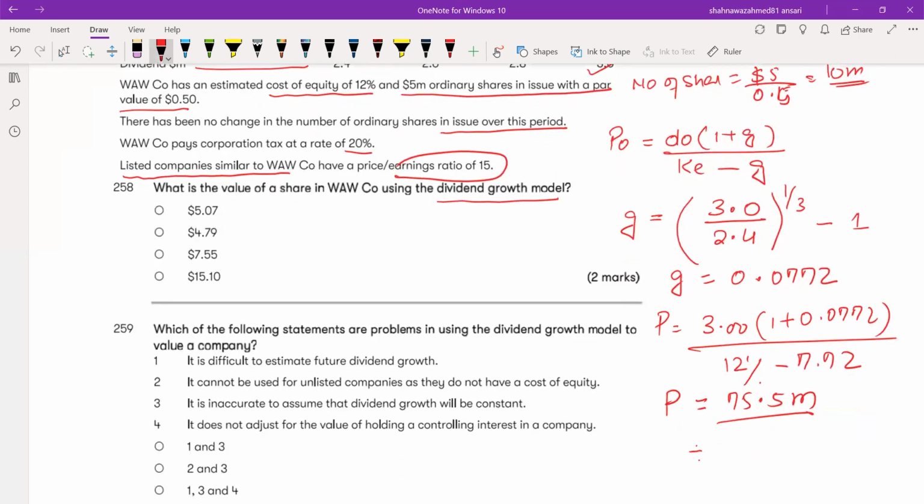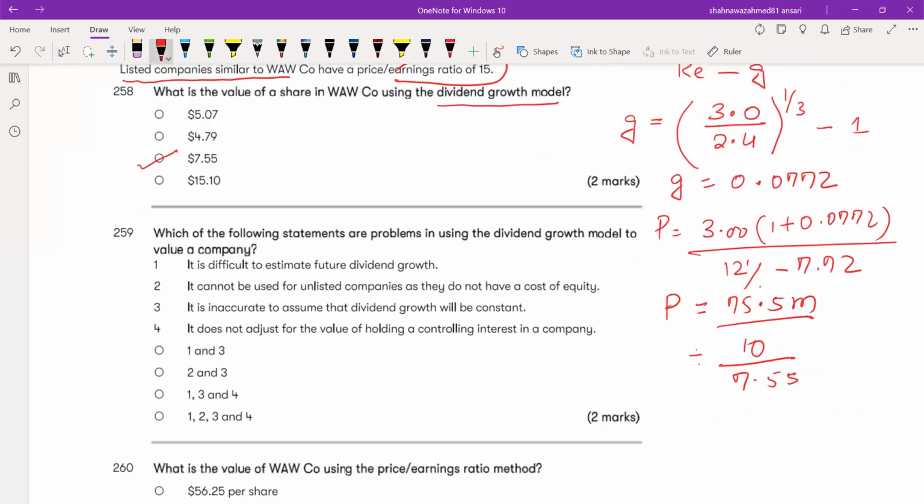Divide by the number of shares and you get the share price, which is 7.55. So the answer is 7.55.